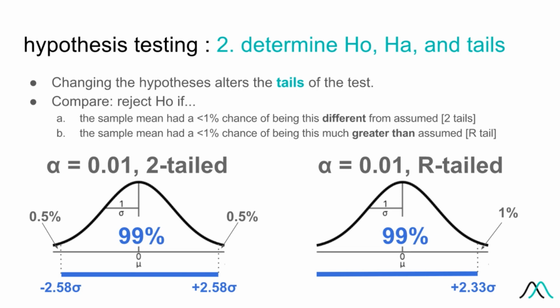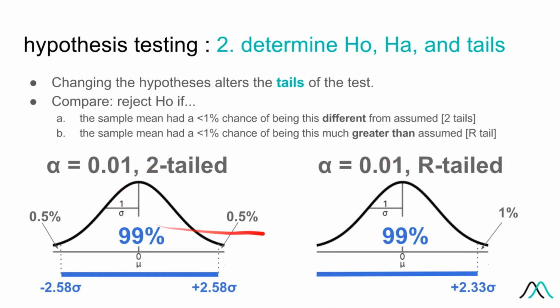Here, we'd reject H0 if our sample mean turns out to have had a less than 1% chance of being sampled, but only to the right of mu. In this case, our observation x bar, our sample mean, would be signaling with less than 1% chance of error because of our alpha that mu is really, truly greater than assumed.